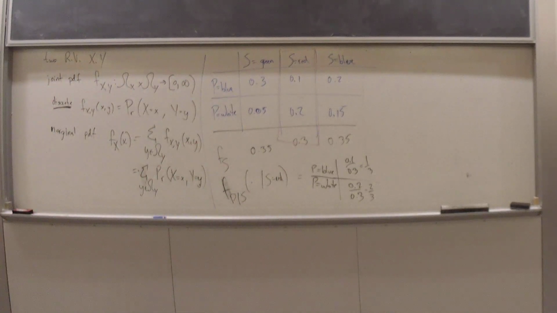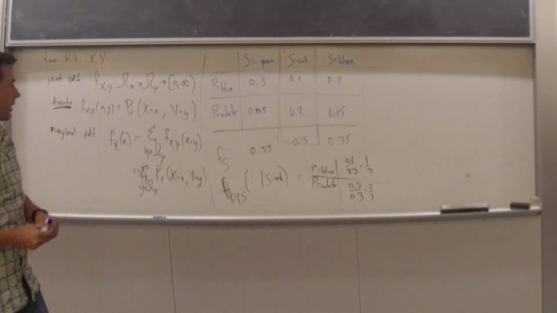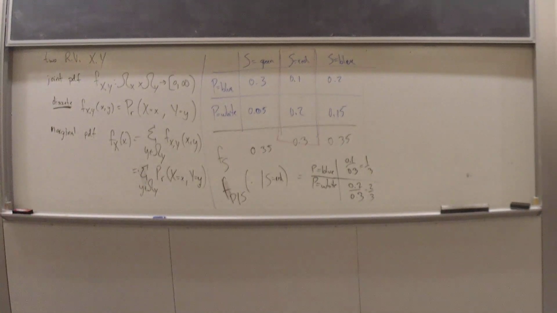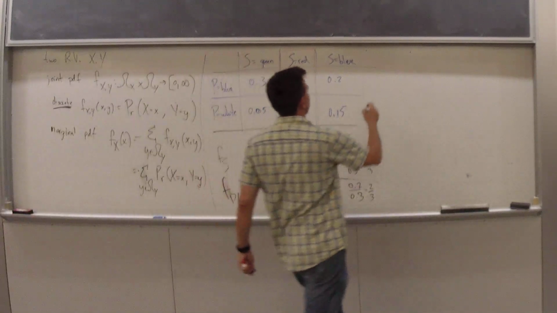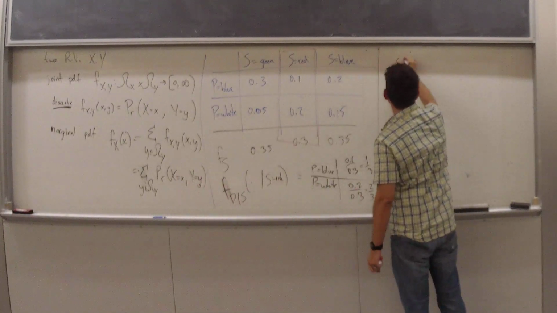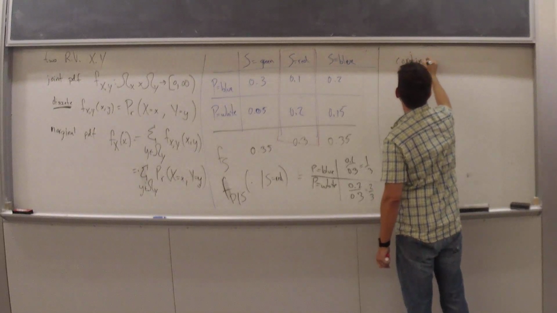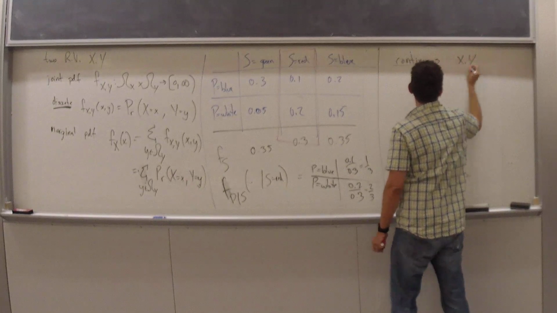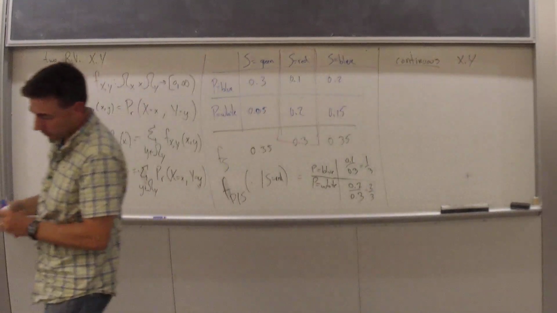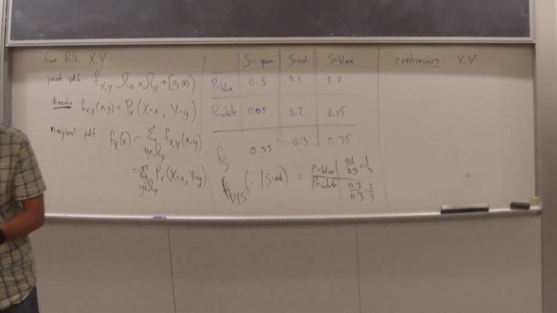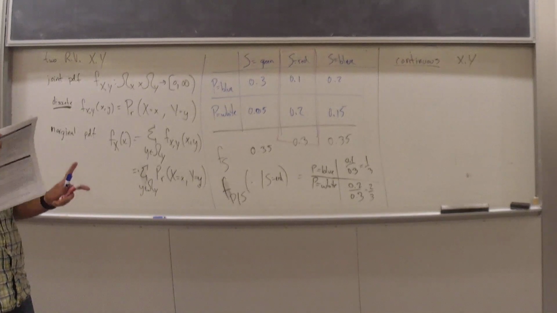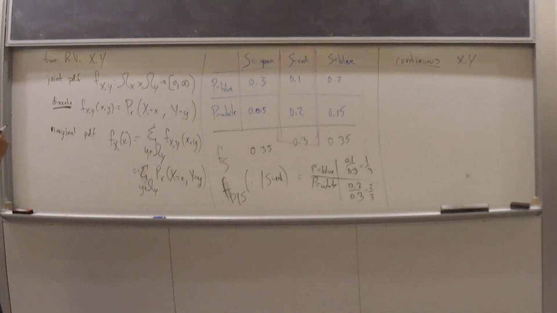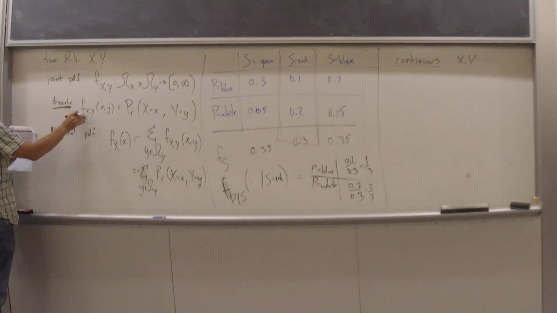Okay, so the real trick now is to write this down for continuous random variables. With continuous random variables, it's hard to write down what the joint PDF is.